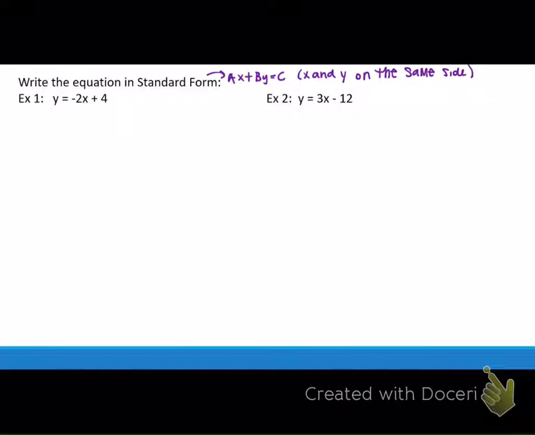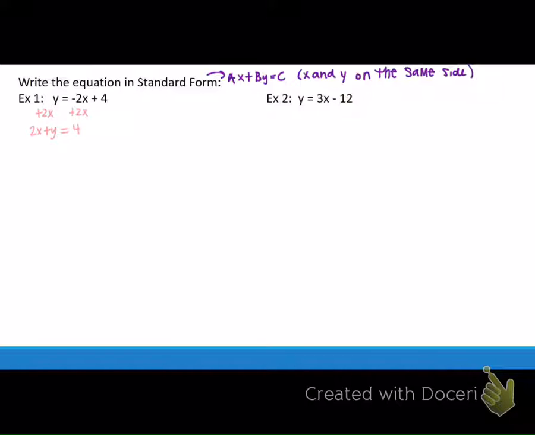What do you have to do with example 1 to get it into standard form? No, that's in slope-intercept form. Standard form means x and y are on the same side. You would add 2x. It wants standard form. So that's 2x plus y equals 4.